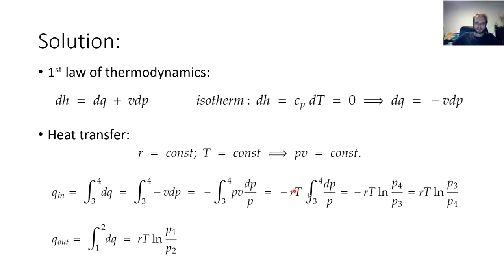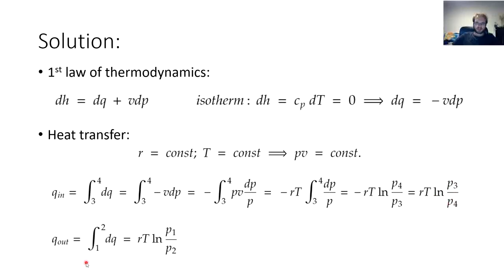PV equals RT, so we get minus RT times the integral from 3 to 4 of dP over P, which is the logarithm of P. Applying the limits, the boundaries, we get minus RT logarithm P4 over P3, or if we get rid of the minus sign, RT logarithm P3 over P4.